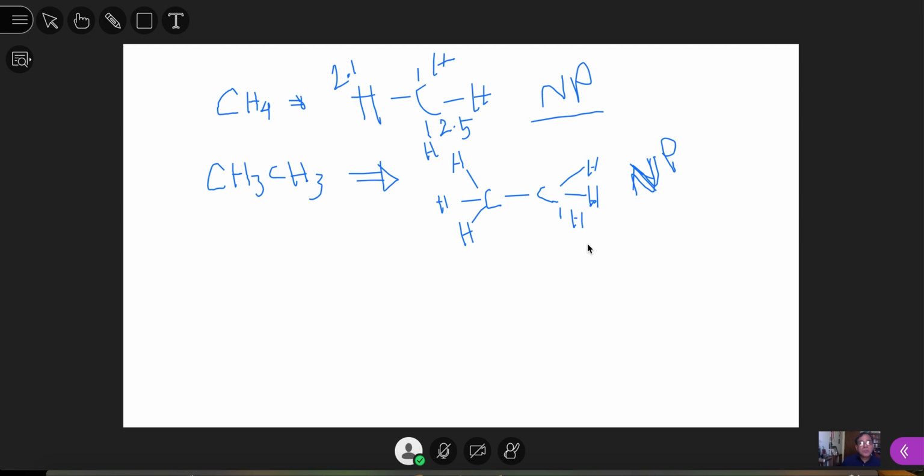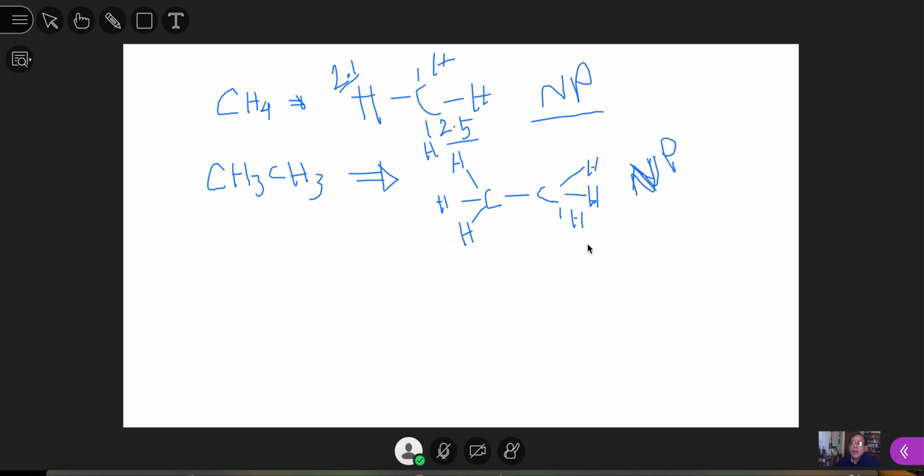How did you get the 2.1 and the 2.5 again? These are the electronegativity of those elements. Remember, I gave you the table. Can you see this table? No. Let's try my application screen.